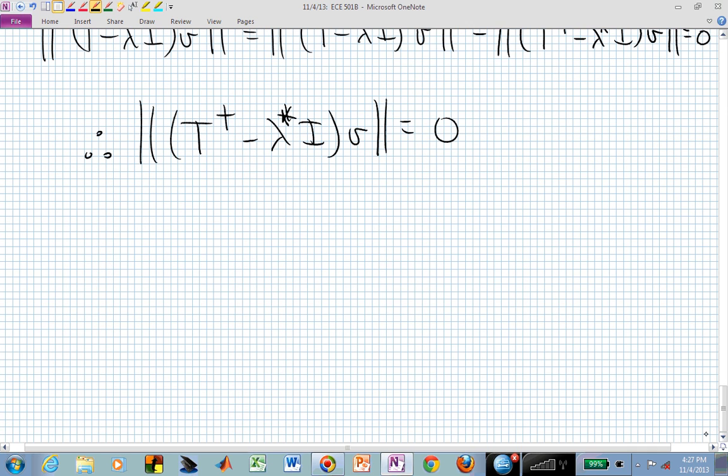And that's then another eigenvalue-eigenvector relationship.